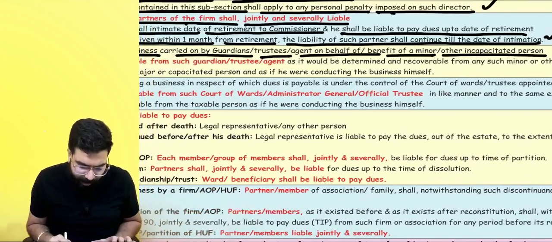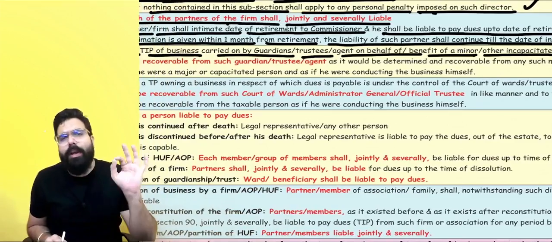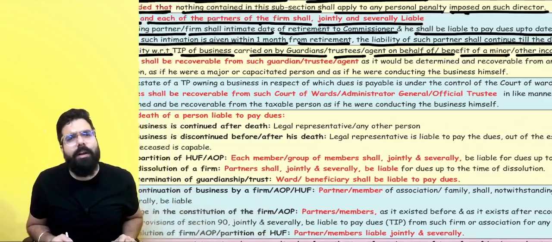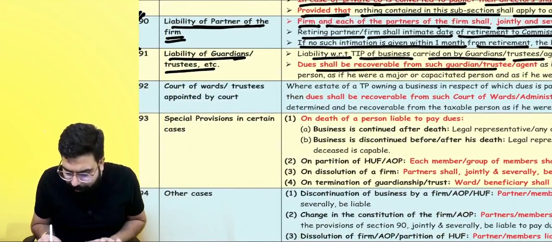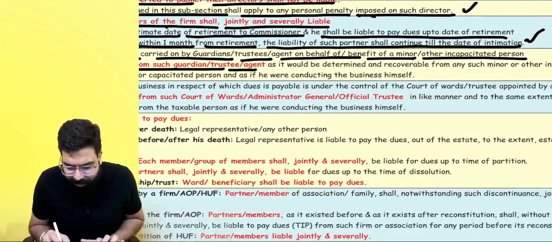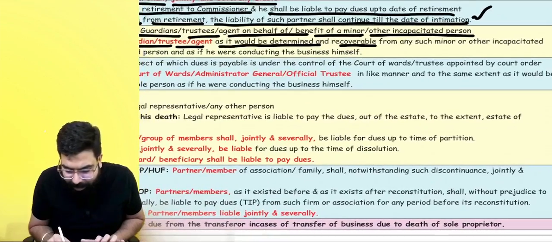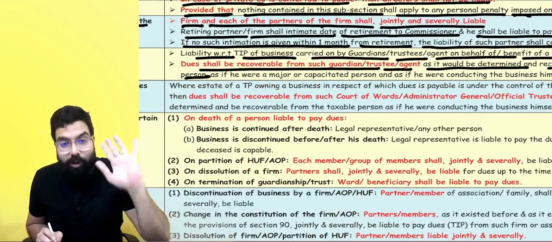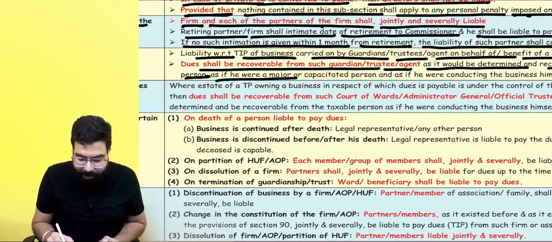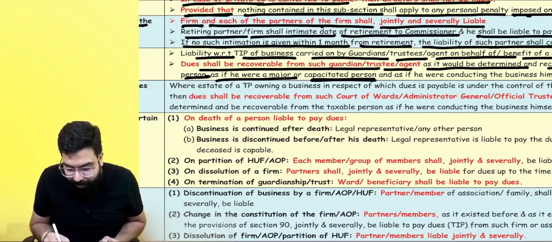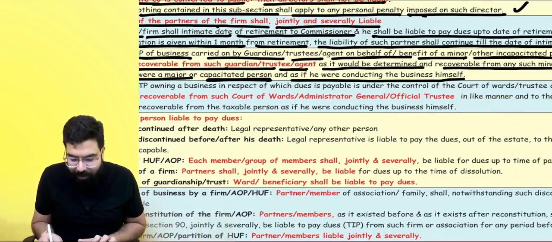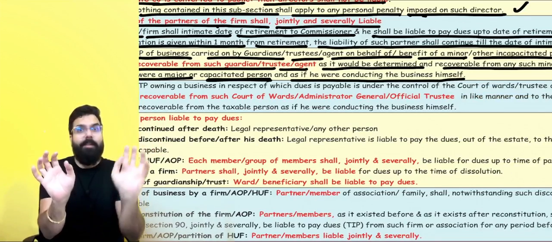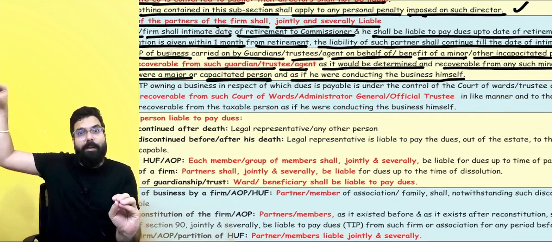So if there is a guardian or an agent carrying on the business for the benefit of the minor or incapacitated person, dues shall be recoverable from such guardian or trustee or agent as they would have been determined and recoverable from the minor or incapacitated person, as if the minor was a major, or the incapacitated person was a capacitated person and was himself conducting the business. Whatever tax, interest, penalty would have been recovered from him.